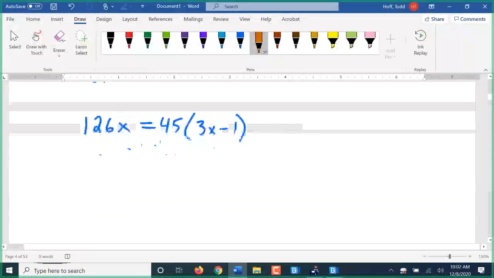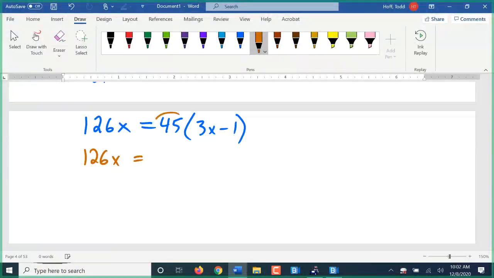Now we would have to solve this equation. We have to simplify. On the left side, there's nothing to do. On the right side, we have to distribute that 45. 45 times 3x is 135x. 45 times negative 1 is a negative 45. Now we have to solve this equation.